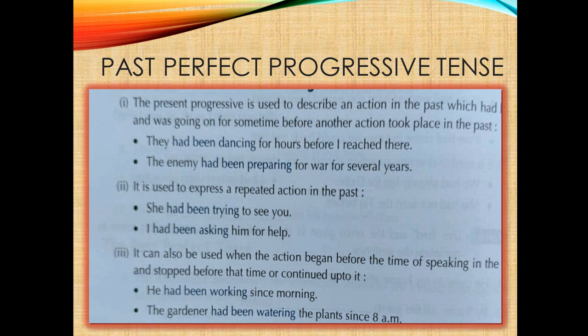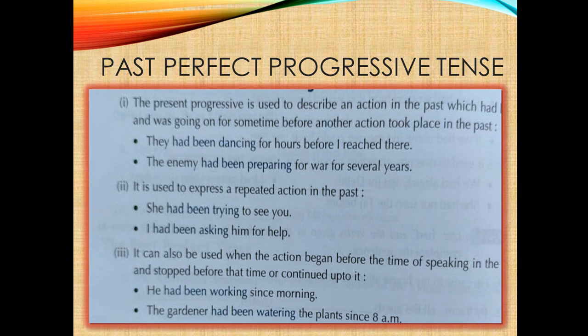Past perfect progressive tense. Now first we'll see the formation of past perfect progressive tense. Now as said earlier, when you have perfect tense, you have to use had. The use of had is mandatory. Then comes progressive. Whenever you have progressive tense, use of ing along with the verb, that is V1 form of the verb, is required.